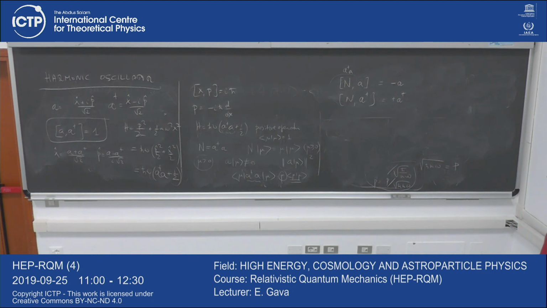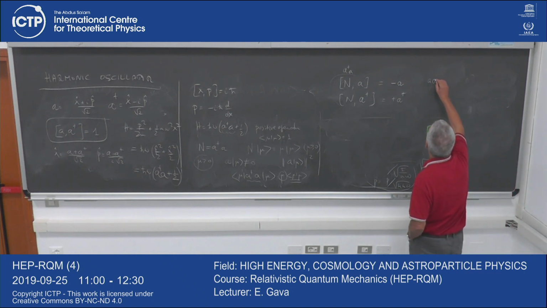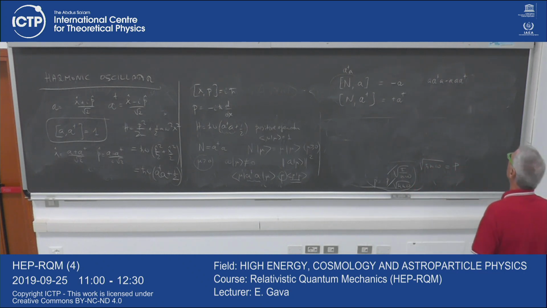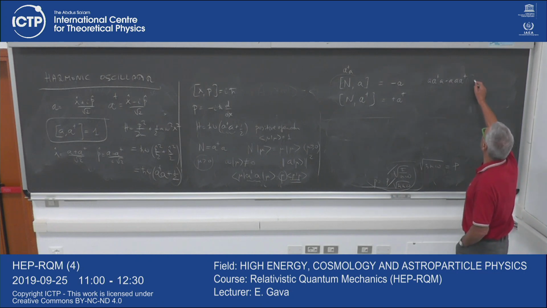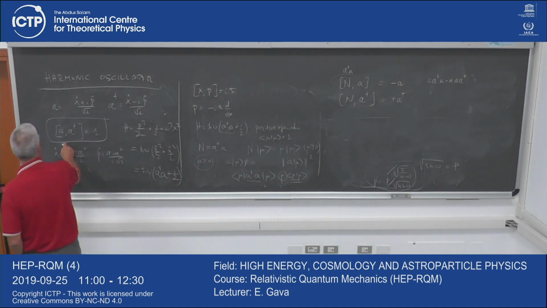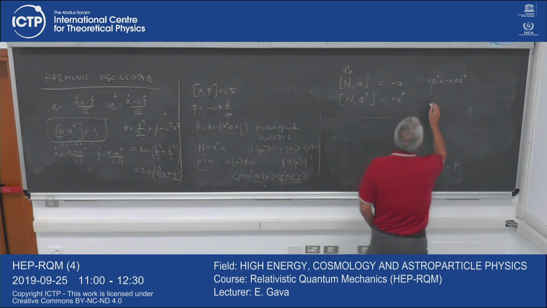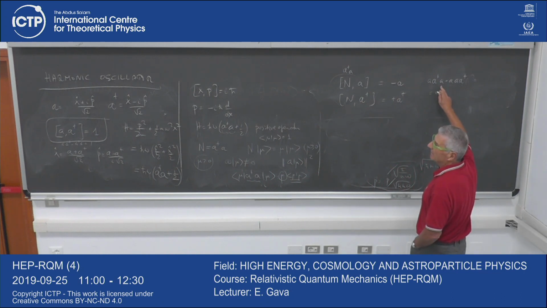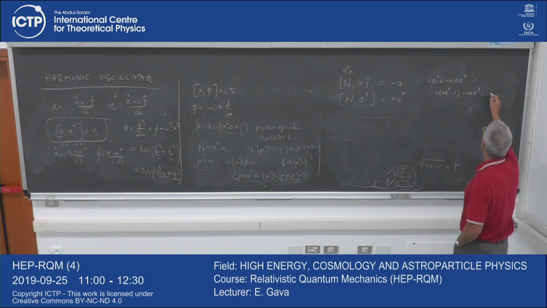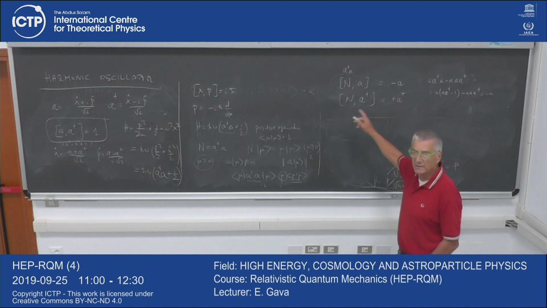Because A A dagger minus A dagger A is equal to 1, so you have to move this here. So A dagger A A is A dagger A A minus A, and this is minus A, right? And the same for this, you get a plus.